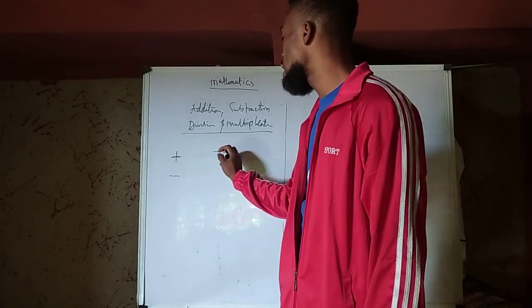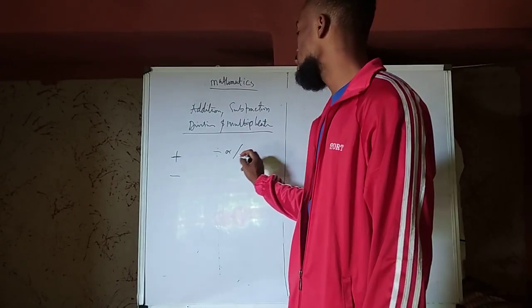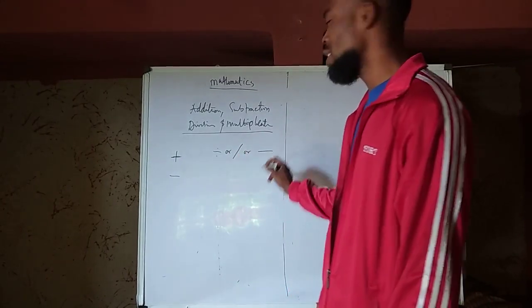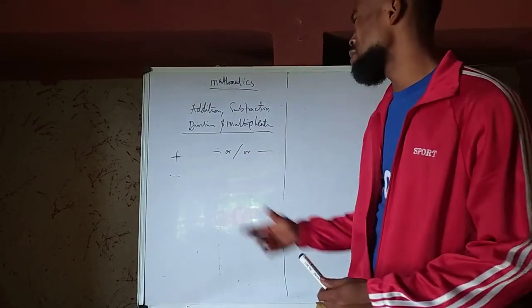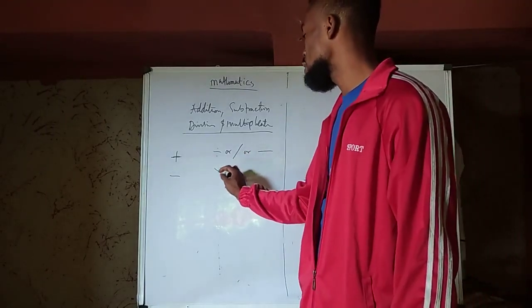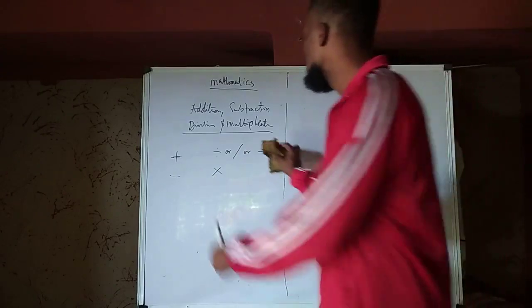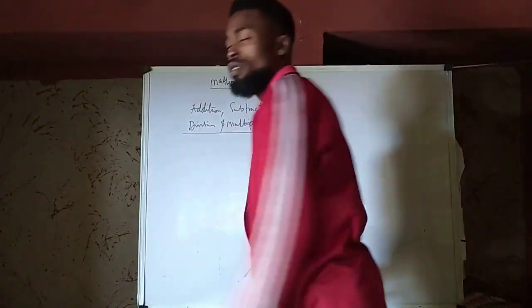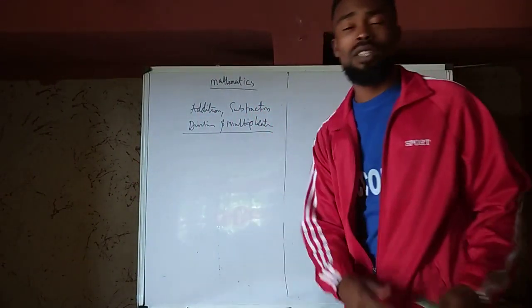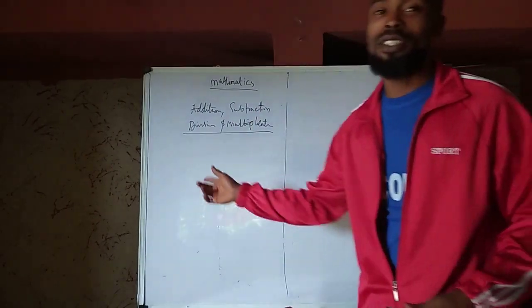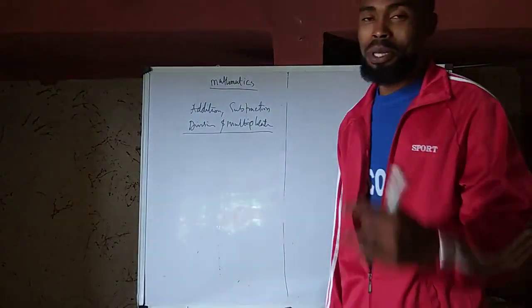When you see this, or this, or this one, in between two numbers, you're supposed to divide. If you see this one, between two numbers, you're supposed to multiply. Good. So those symbols I just wrote down and erased are called operators.